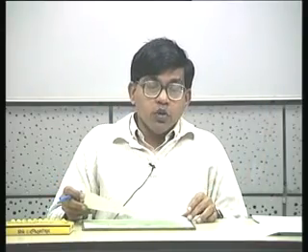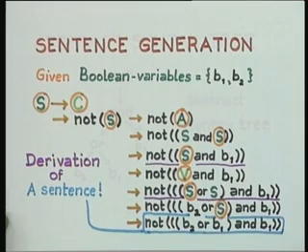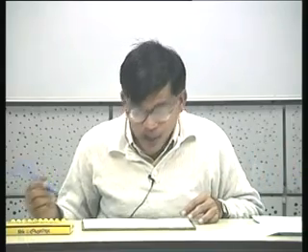So if you look at this sentence that we have previously generated, it is clear that our intention was to define a language of Boolean expressions, where the operators are not, and, or, and the operands are all those Boolean variables like b1, b2 and so on, right.